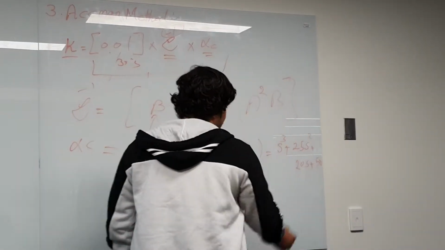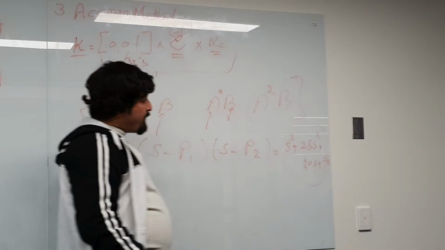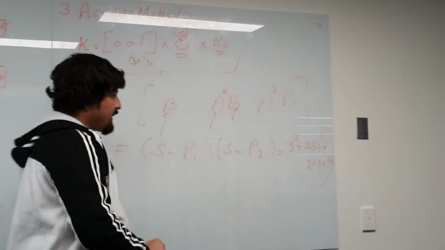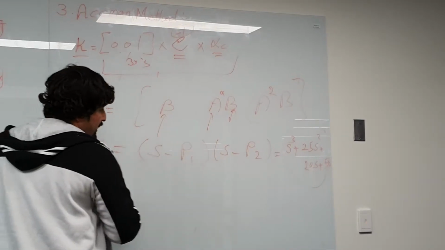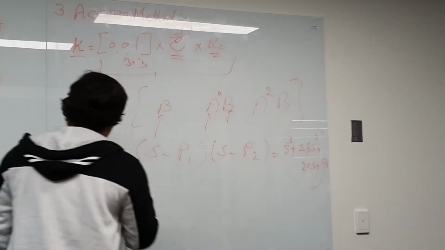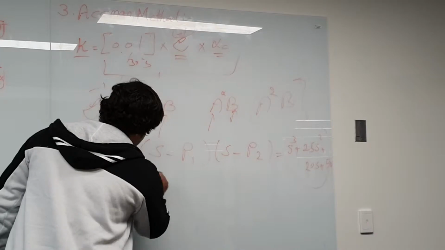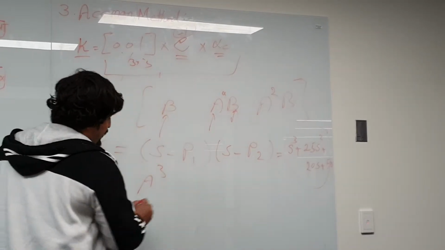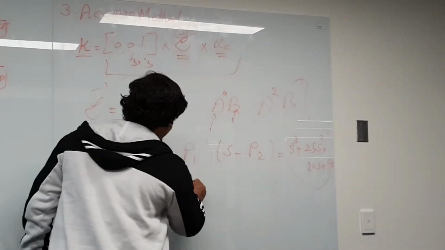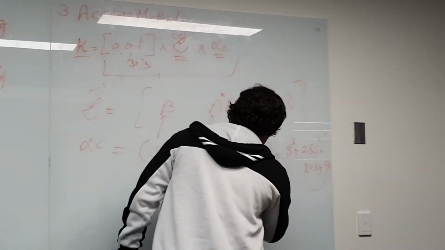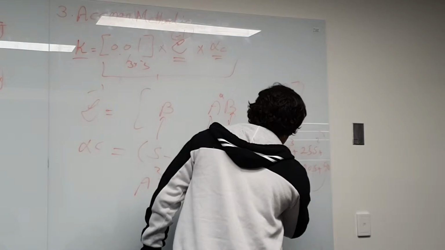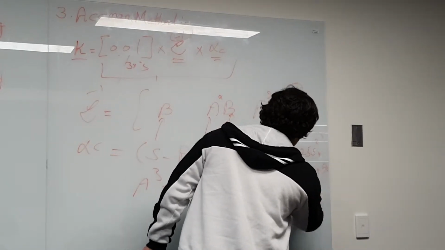So we have to replace S by A and get alpha C. Alpha C is going to be A to the power 3 plus 25 A to the power 2 plus 20 A plus 50.